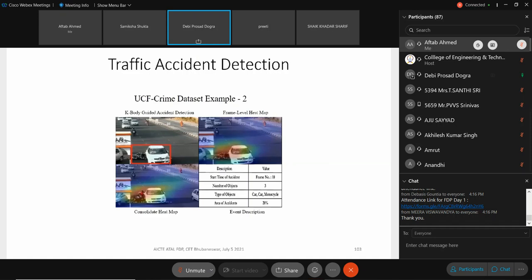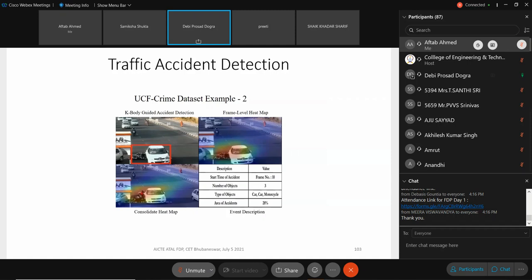Now, this is the final slide. If you look at how such applications can be developed, it requires object detection, it requires object tracking, it requires object interactions, and then obviously you need to process them appropriately so that you can take a decision.